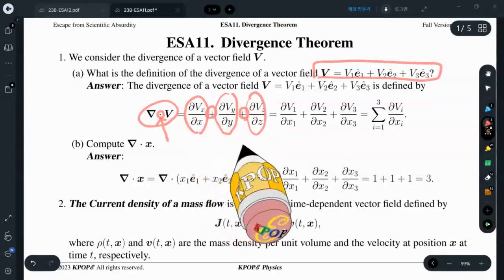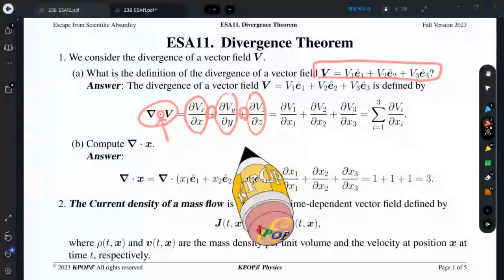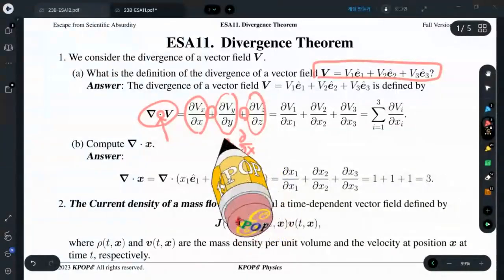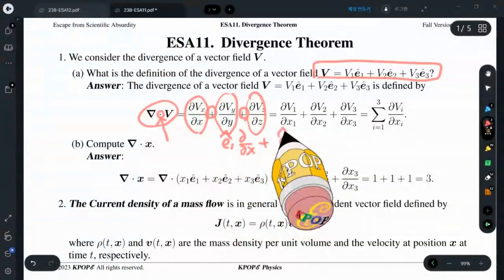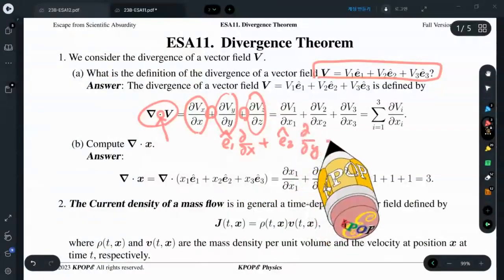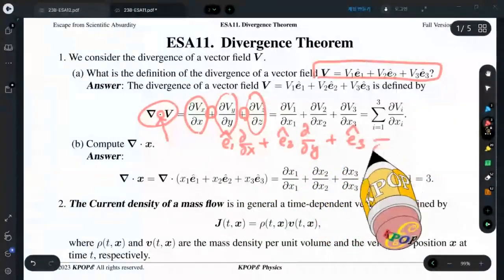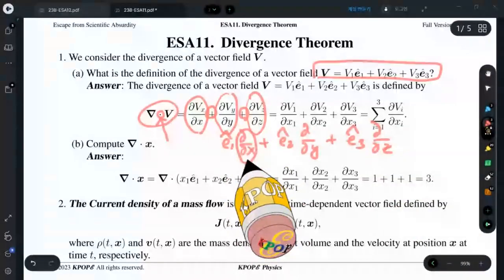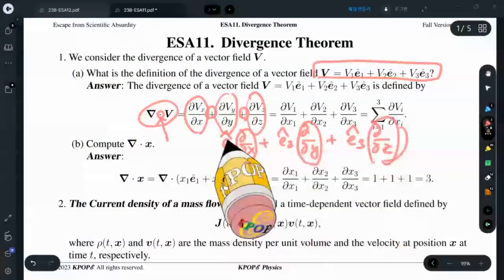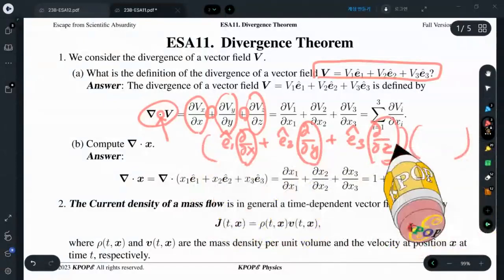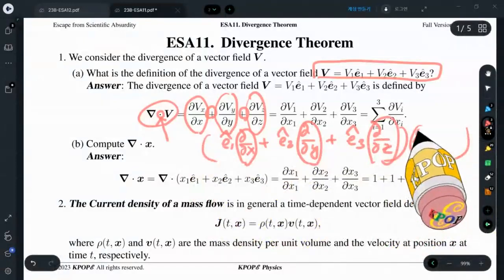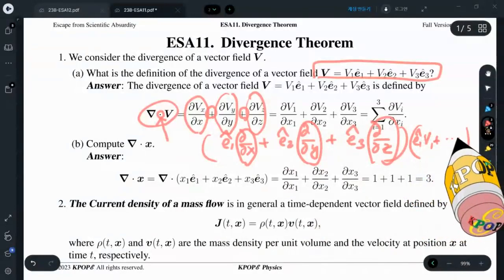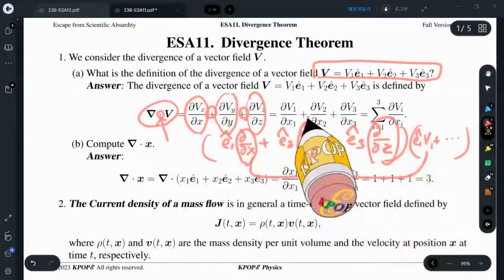So if you write down the gradient operator, the xyz component is... the operator is applied to the x component of the vector, y component, z component separately.